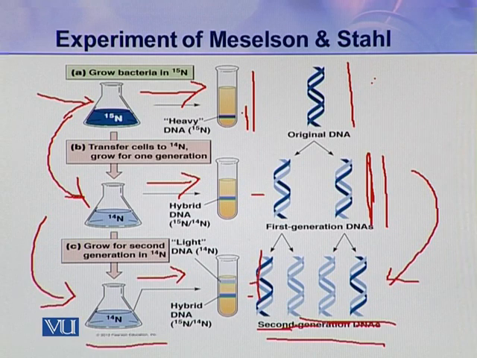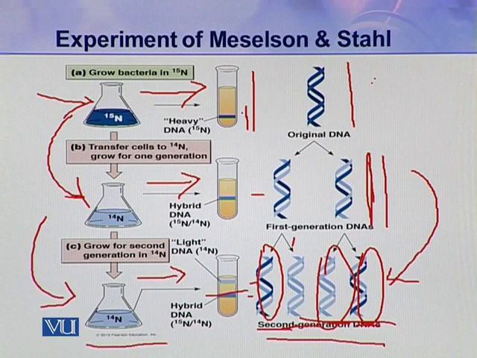These two molecules are hybrid DNA, and these two are lighter DNA, which contain N14. In this way they proved that the semi-conservative type of replication is the correct type of replication in DNA.